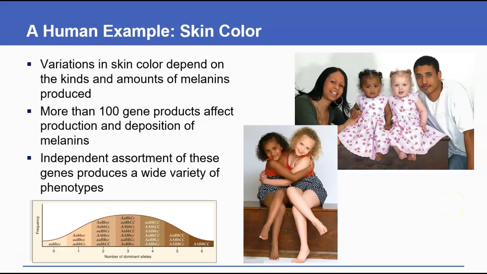Here are 2 twin girls, so they're obviously not identical twins, but fraternal twins. There are their 2 sisters, and here are their parents, and you can see that for skin color, it's how the deck gets shuffled into which child got which different genes, and you see the extremes of the spectrum for light versus dark.